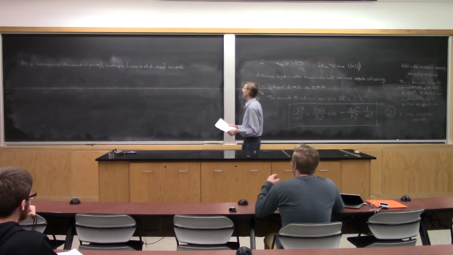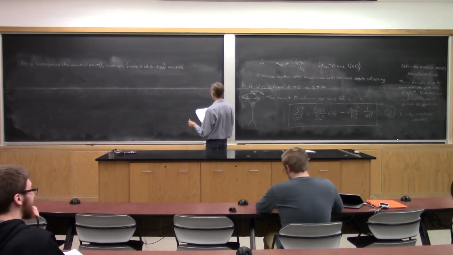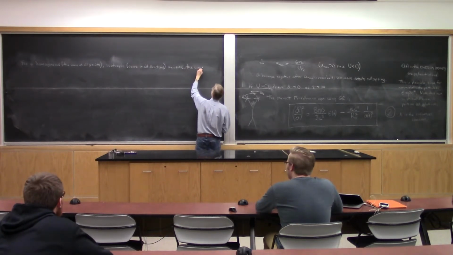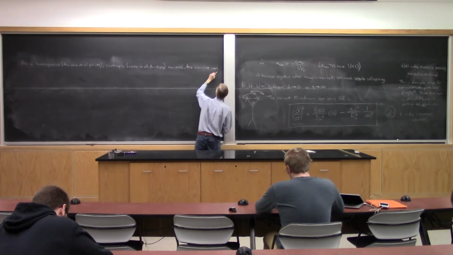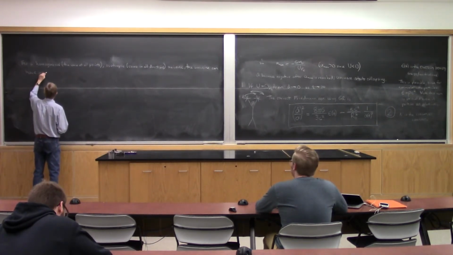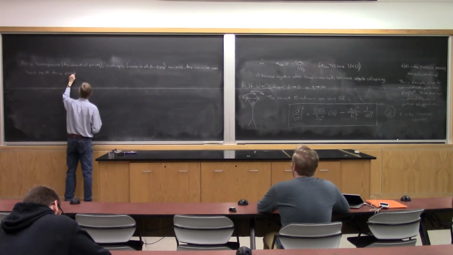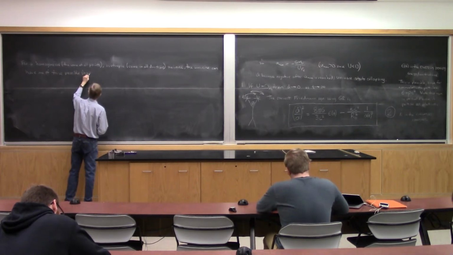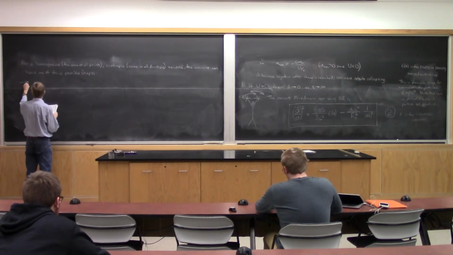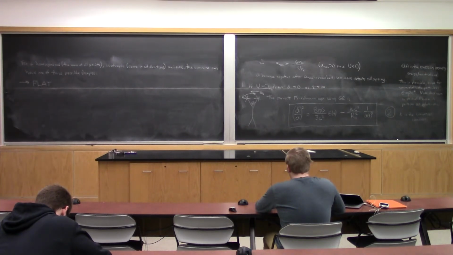Anyway, isotropic, same in all directions universe. For a homogeneous isotropic universe, the universe can have one of 3 possible shapes. It could be flat. The most boring possibility, but the one which we think is right.